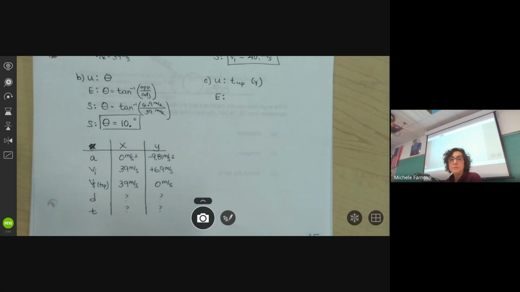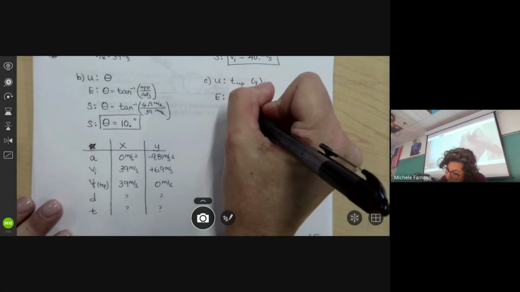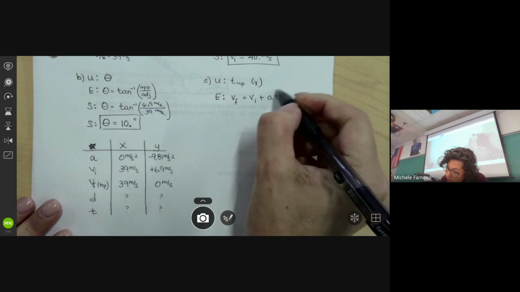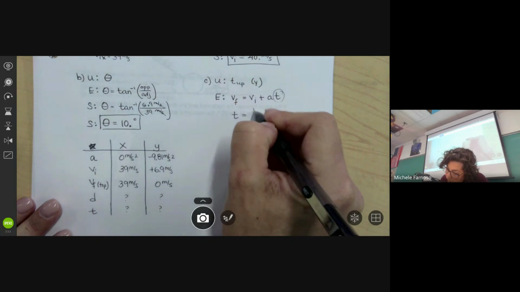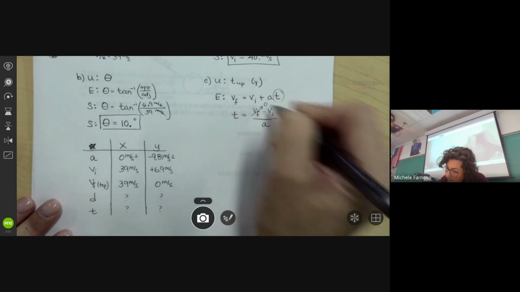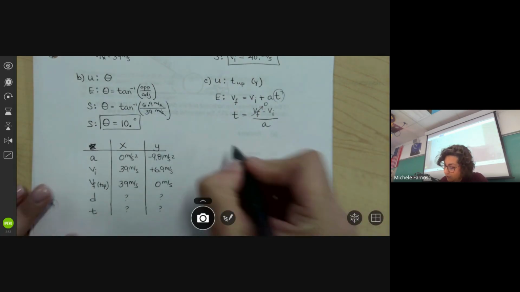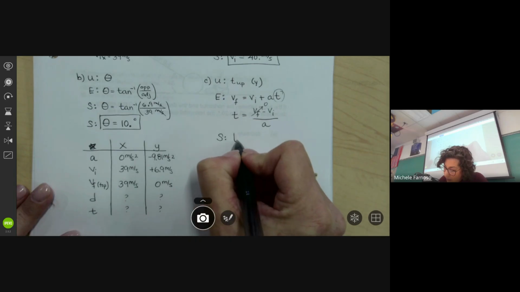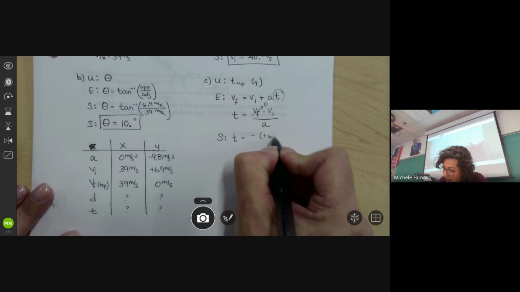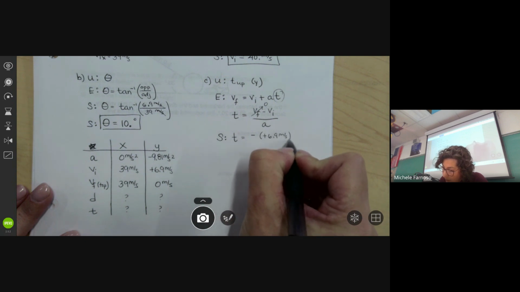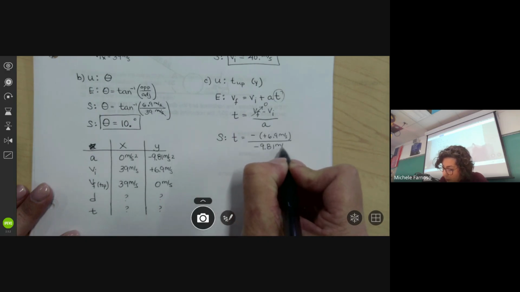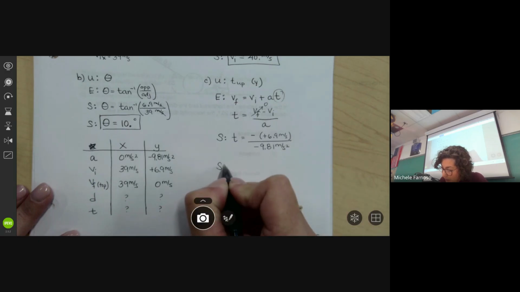Logan? Good. Now we're going to move it around to solve it for T. So that is VF minus VI over A, where that VF at the top is 0. So the time would be negative of positive 6.9 meters per second over negative 9.81 meters per second squared.